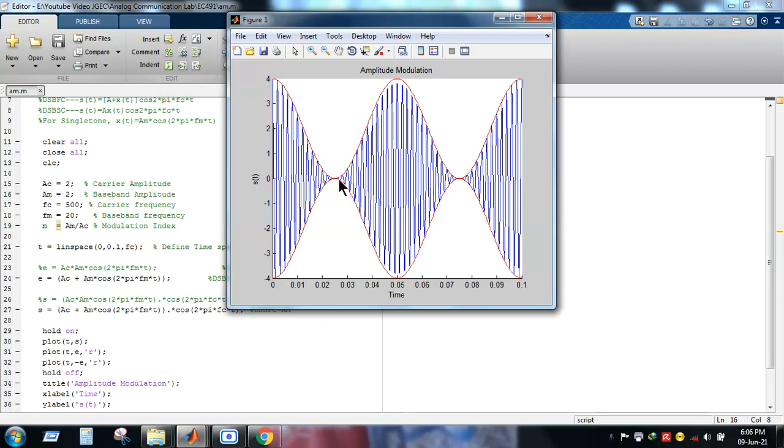This is the critical modulation, and the modulation index is 1. Again you should store it, or write down or draw it in your lab copy. Like this, a total of 4 images you need to draw for DSBFC, and for over, under, and critical, there are 3 images for the DSBSC signal you need to draw.